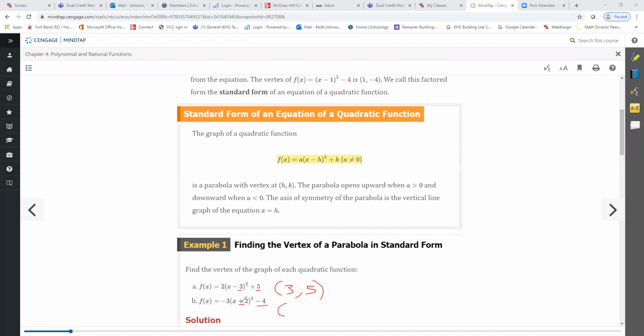So my vertex, because it's a plus 2 there, is a minus 2, and your h is a negative, so it's a negative 4. The k stays negative, but the h here is always the opposite sign. Simple as that. That's that nice little rule that we also used in circles. All right.